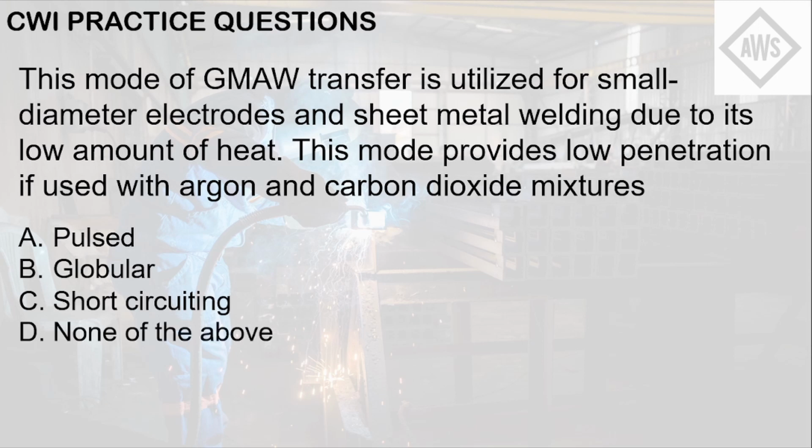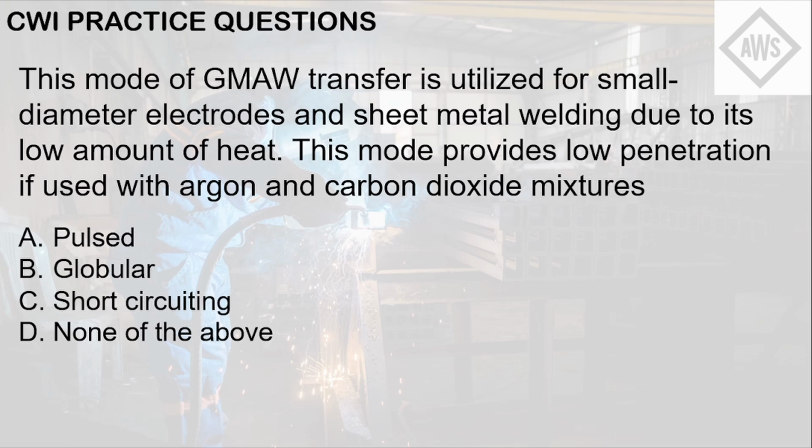So when welding sheet metal using GMAW, you only need a low amount of heat and low amount of current, because it's a sheet metal, so it's very thin, you don't need large amounts of heat to fuse them.